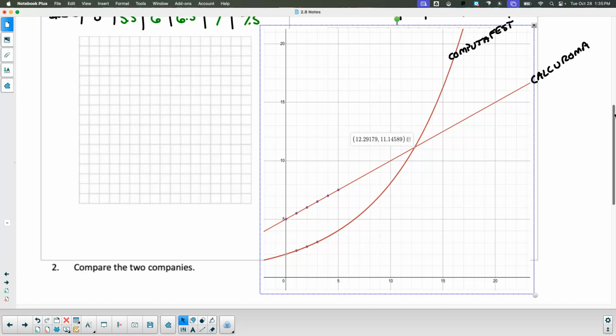It's worth more. So if you're going short-term, which a lot of people do, then you would want Calcurama. But if you're planning on investing longer than 12 years, then you want Computer Fest. Definitely, I would concur with that.